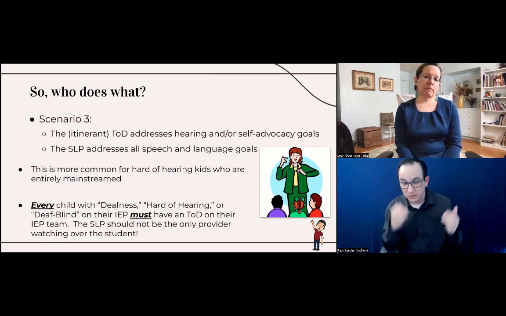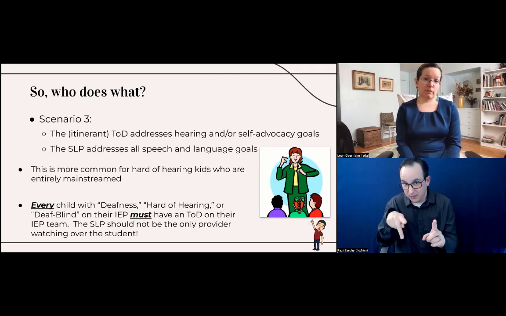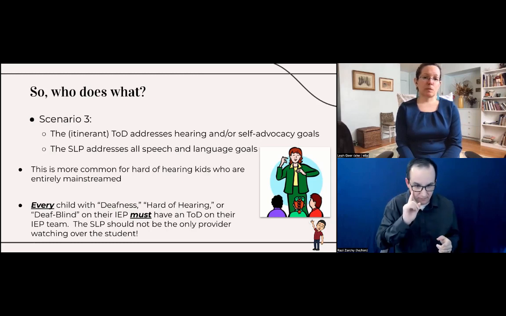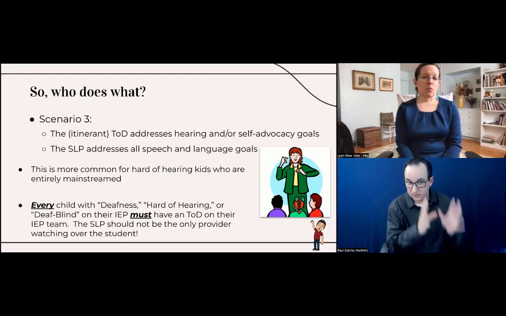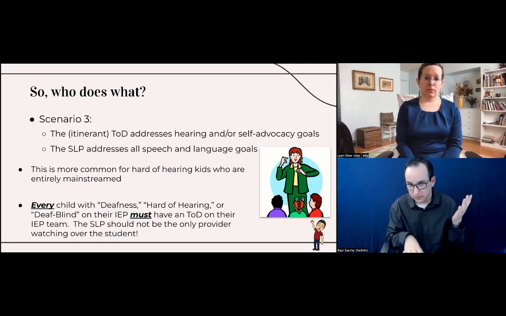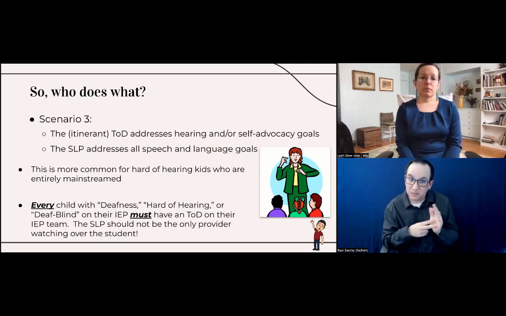But if you have a student as an SLP who is hard of hearing or deaf, and there is no teacher of the deaf within their IEP team, you must have a teacher of the deaf in some way interacting with this student.